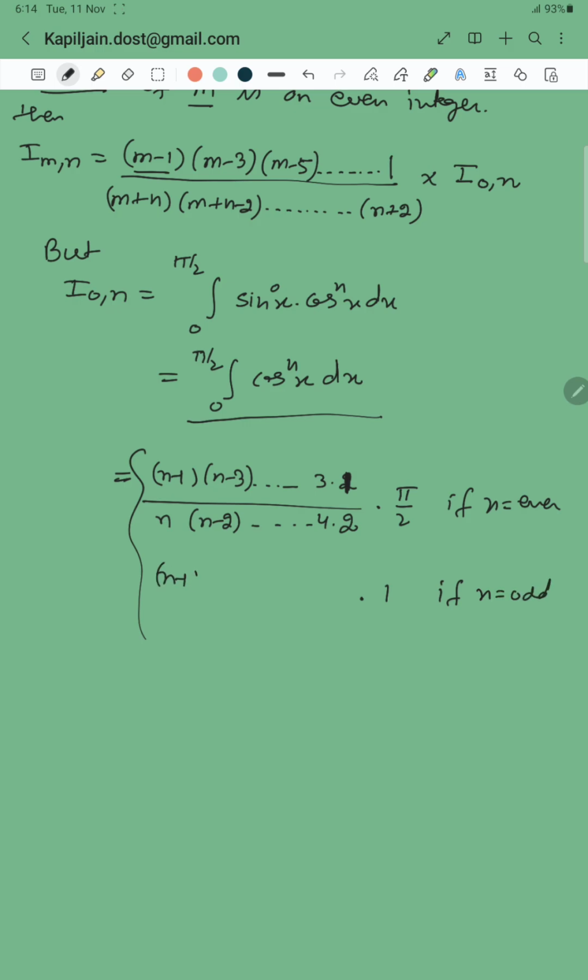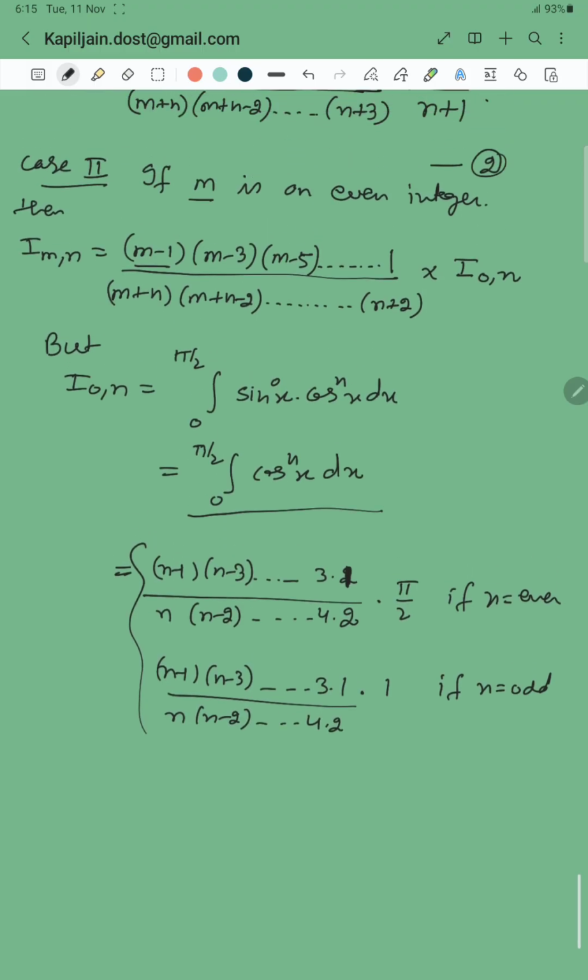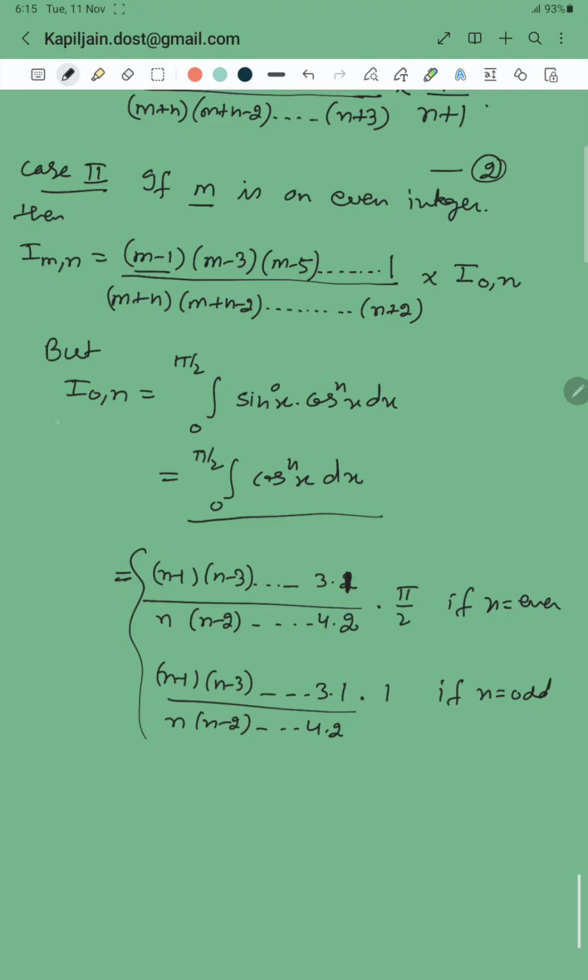So putting the value of I_0,n, which is this, in this term, we get the required result for I_m,n.